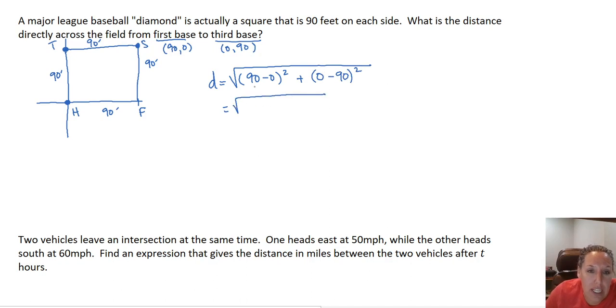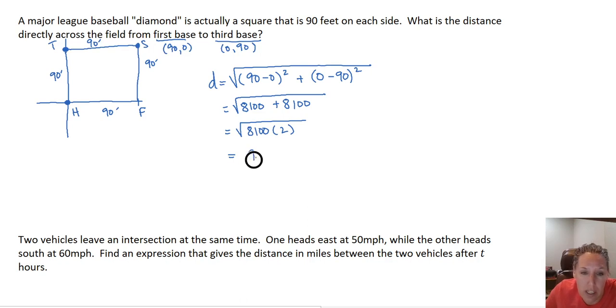All right, so 90 squared is going to be 8100, and we can add those, but I also know that that's going to be 8100 times 2, and 8100 is a perfect square because that's how we got it, it was 90. The square root of that is going to be 90, and then the square root of 2.